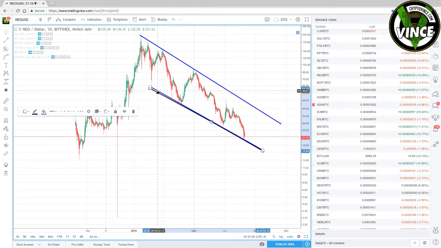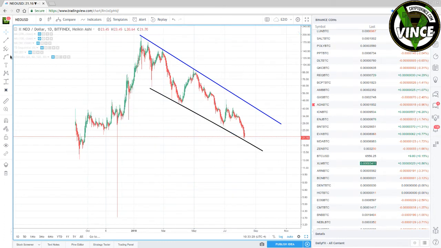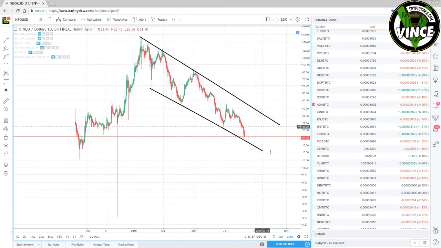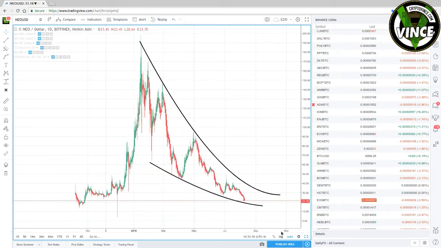let's remove this, then I want to make another one here, follow this line, let's say. Okay, and now I go to linear scale, and this is what the trend really looks like.